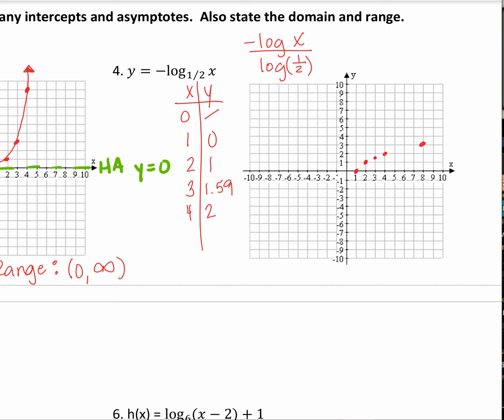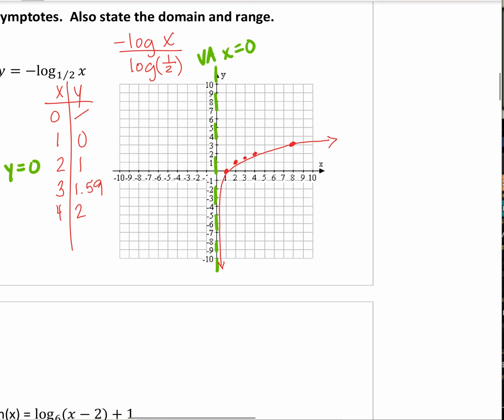Remember, I'm going to have my vertical asymptote. So my VA is going to be at x equals 0. And I'm going to draw my line. I'm going to get really close to the bottom, and I'm going to go up.